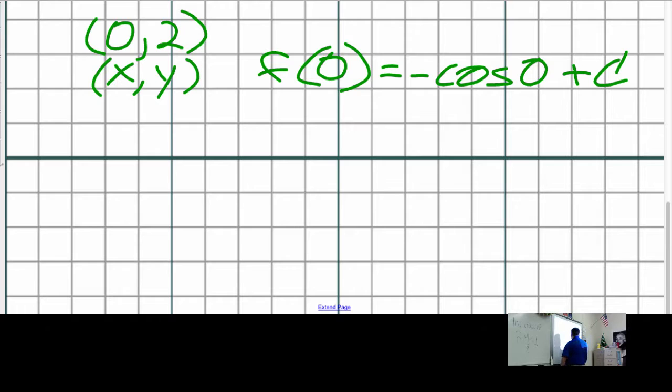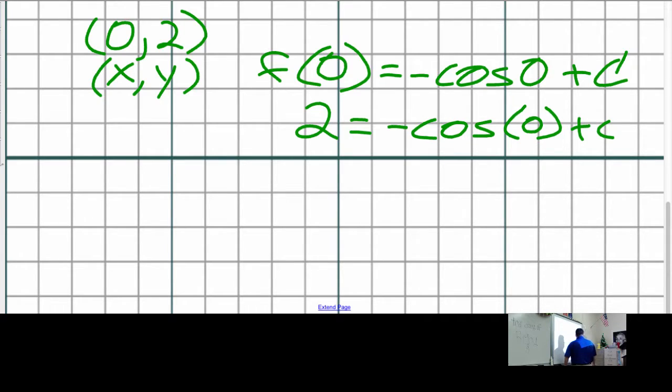But f of 0 is really 2, so I've got to think in terms of negative cosine of 0 plus c. So cosine of 0, cosine is the x value, 0 is the angle.